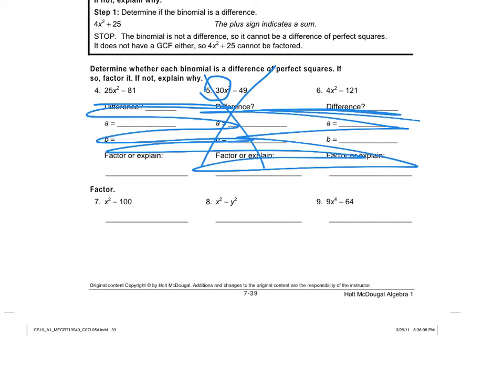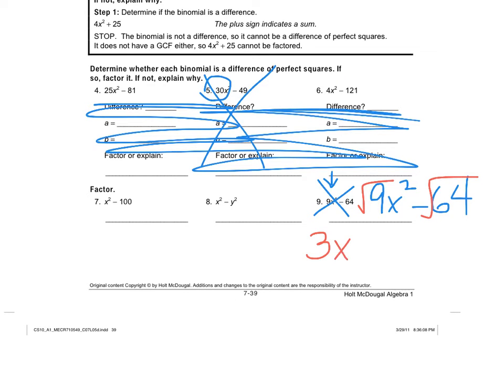Also on number 9, I'm not going to give you anything to the 4th power. So if we change this question, and let me do this one as an example, I'm going to change number 9, and I'm going to make it 9x squared minus 64. When I go to factor that one, I'm going to square root the ends, and I get 3x when I square root 9x squared.